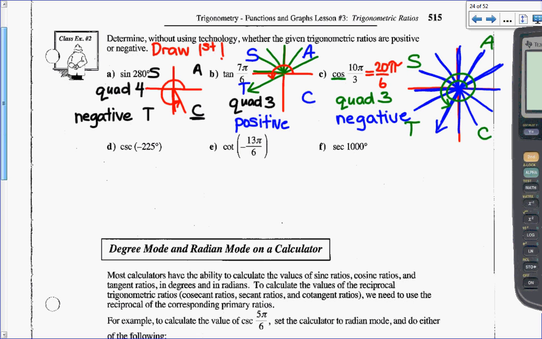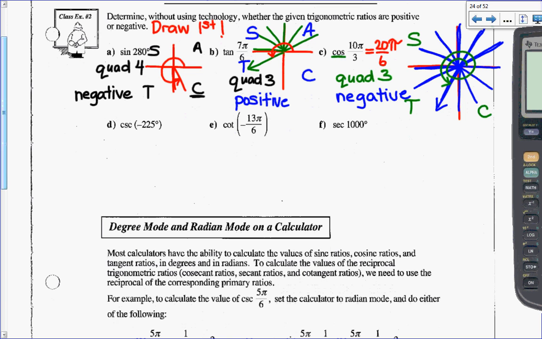Okay, now the next one, cosecant. Well, cosecant is the reciprocal of which trig ratio? Well, if this has a co in it, then this one won't, so it's the reciprocal of sine, right? Okay, so again, I'm going to draw it.